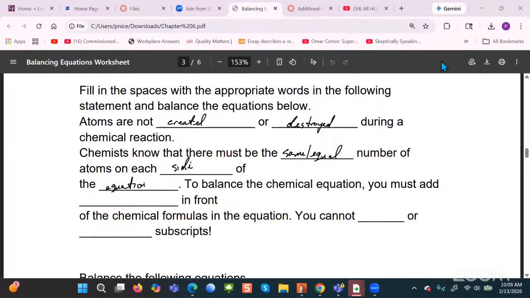Okay, and then now to balance the chemical equation, you must add. Let's see what you guys have said about that. Okay, De La Vega and Denizar Tanon both said the same thing, which should go here: coefficients.